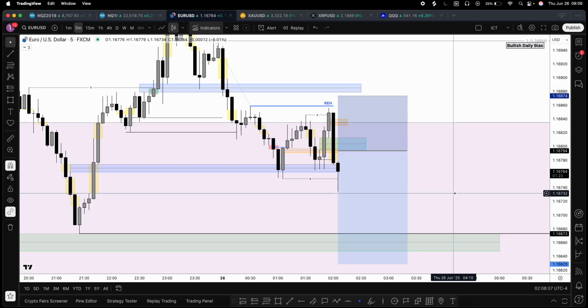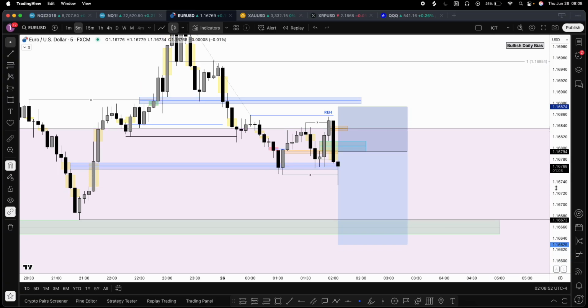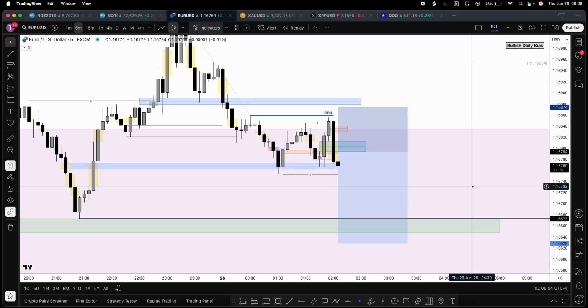I mean, it's a valid entry model, but context is more important than the entry model. The entry model is just something you use to execute, get in. So yeah, it might work.